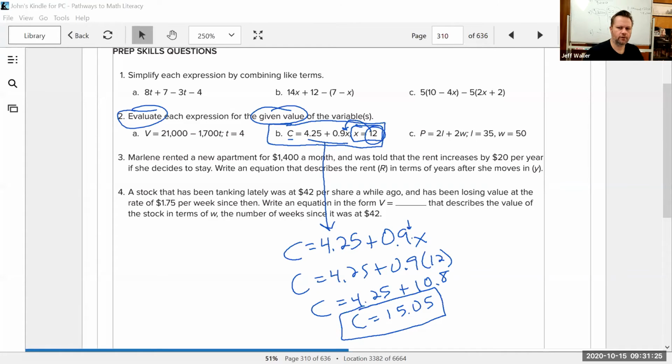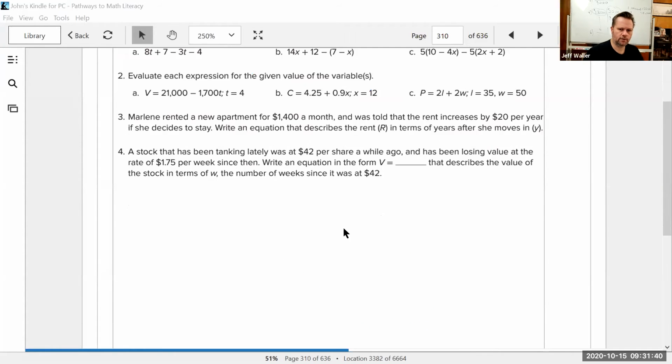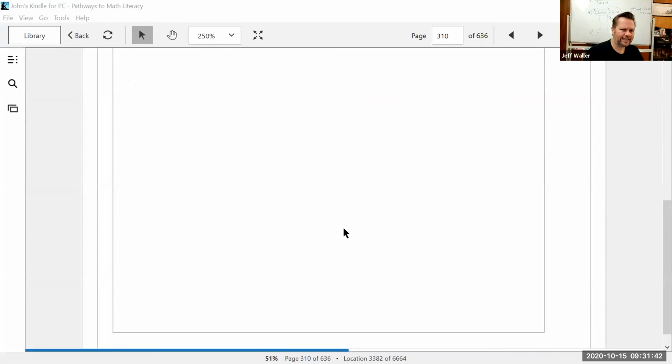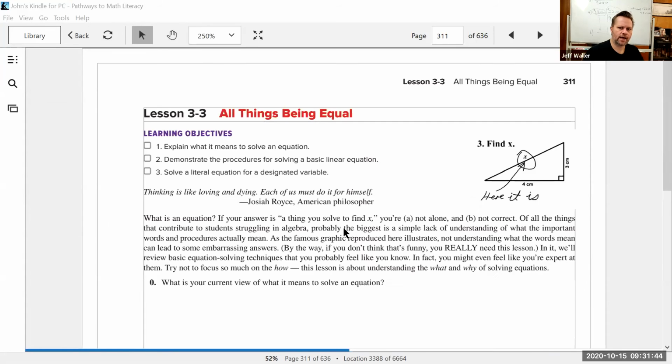So what we're about to get into in the next section, if I remember correctly, is working more directly with equations. So let me clear all these out. In the last section, we created an equation of a line. And now we're going to work more directly with equations in general.